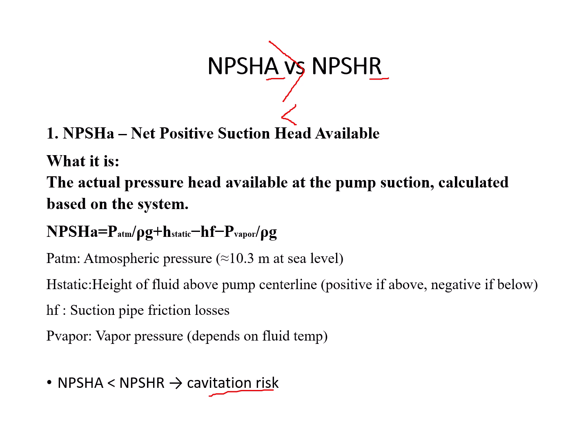So the question that I want to ask is how to improve the net positive suction head available, because we always need to improve the available, and we need to lower the net positive suction head required as much as possible.